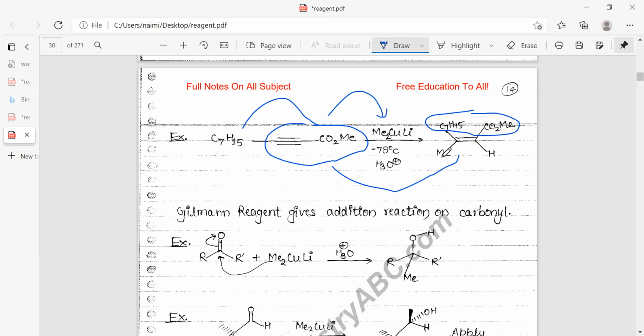The addition of the methyl group takes place via nucleophilic addition, an SN2-type reaction. Hydrogen is attached here, so its valency is filled up. The important point is that its stereochemistry remains constant as compared to the starting material.